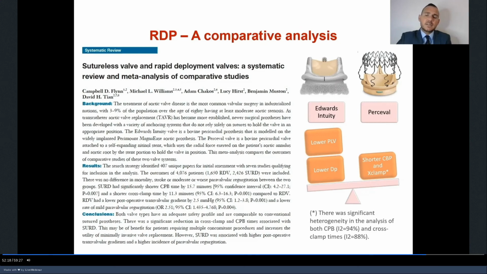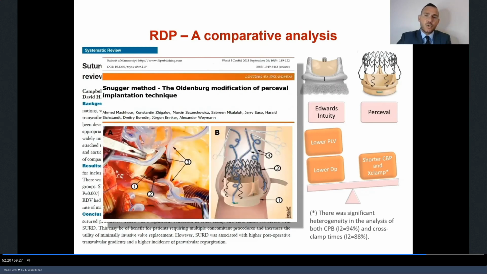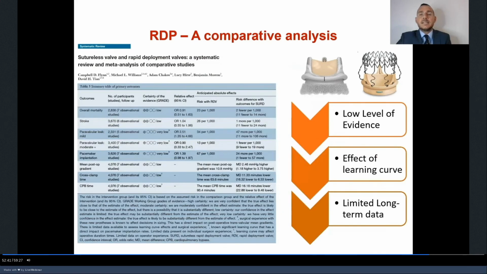Quite a surprising finding though, because most of the authors nowadays do use the Oldenburg modification of the Percival implantation technique, which basically makes the technique of implantation very similar to an Intuity valve implantation. The limitations of this analysis are the low level of evidence, the effect of the learning curve, but also limited long-term data.